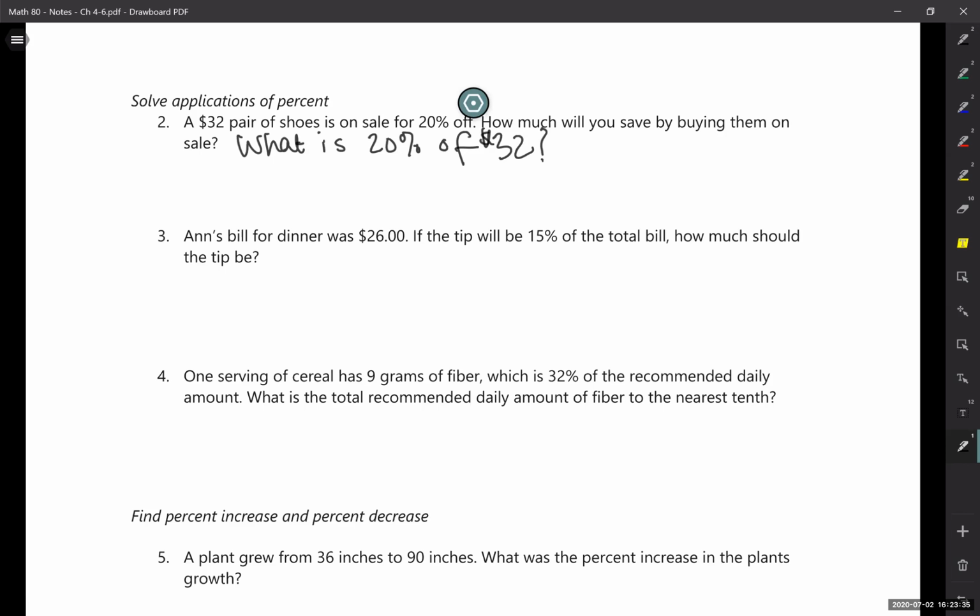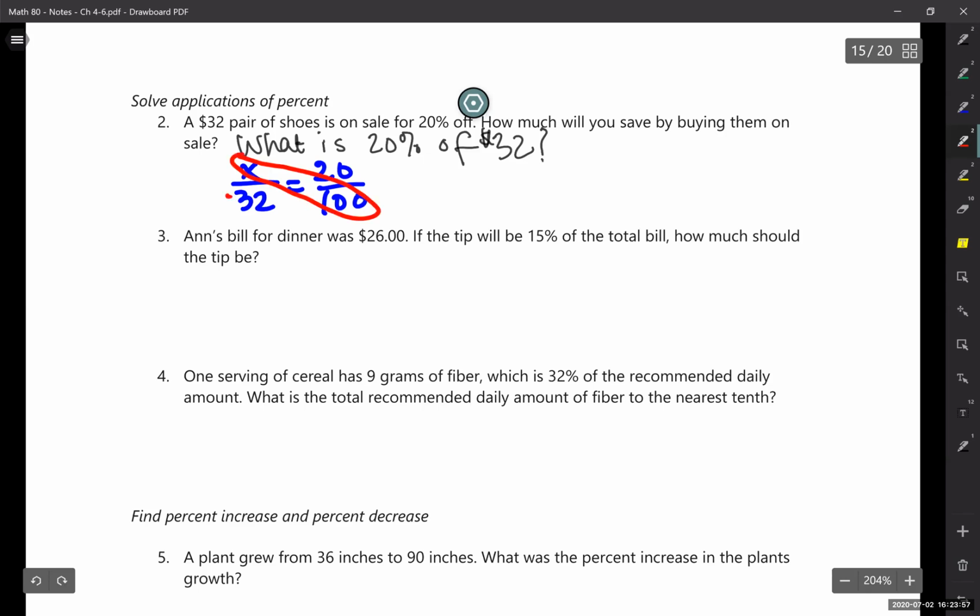And once you write it that way, you can see is over of equals percent, 20 over 100. I didn't really give myself a ton of room to write with this giant pen, so I'll just go sideways.